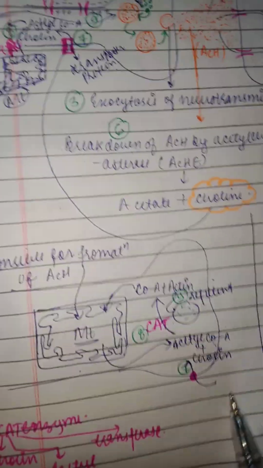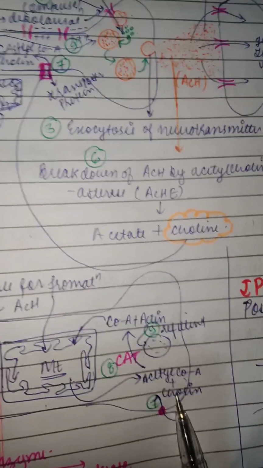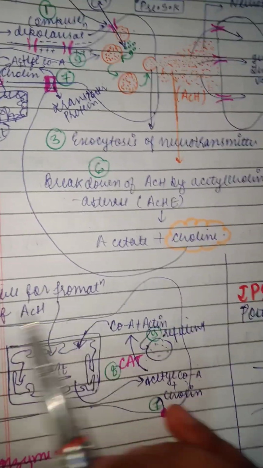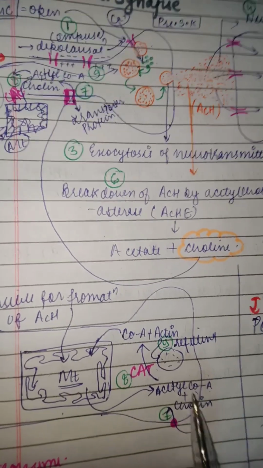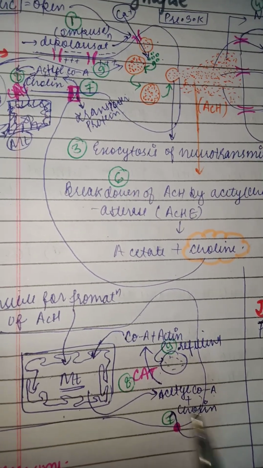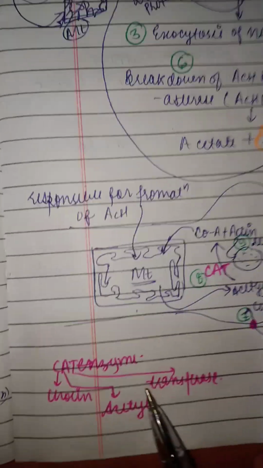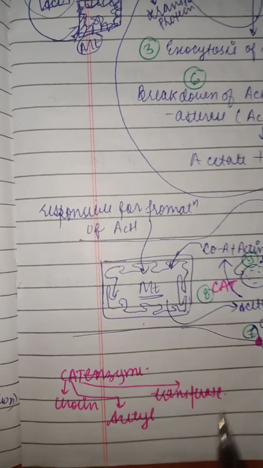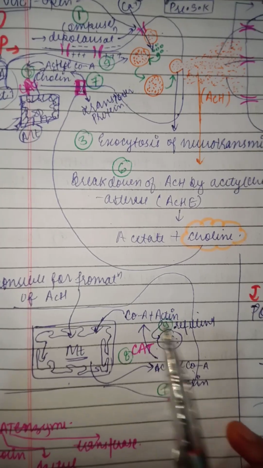Let's zoom in on this process. When this choline comes inside the presynaptic membrane, at the same time the formation of ACh will also occur. The acetyl coenzyme A comes from the mitochondria, and this acetyl coenzyme A plus choline, in the presence of the enzyme choline acetyltransferase, will be converted into coenzyme A plus ACh.